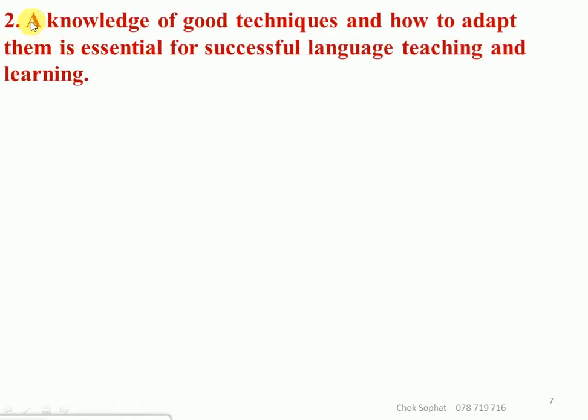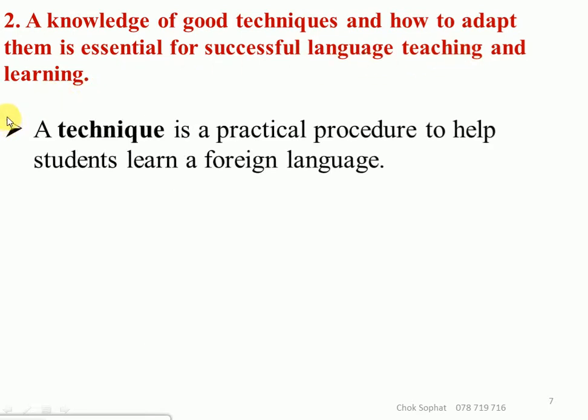Okay, look at the next point. Point number 2 is about knowledge of good techniques and how to adapt them is essential for successful language teaching and learning. So knowledge of choosing good techniques is very important, and the way to adapt them is very important too. If you want to achieve the objective of your lesson, you have to choose a technique and data, and adapt the technique with the data.